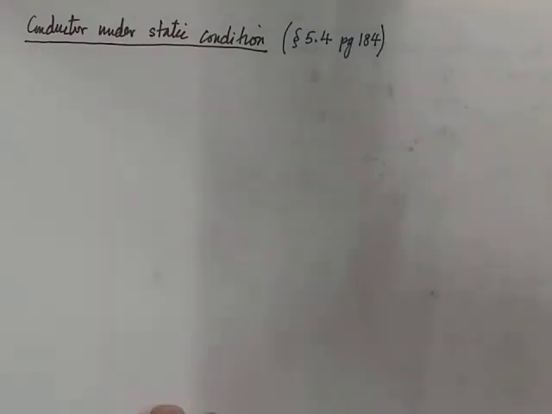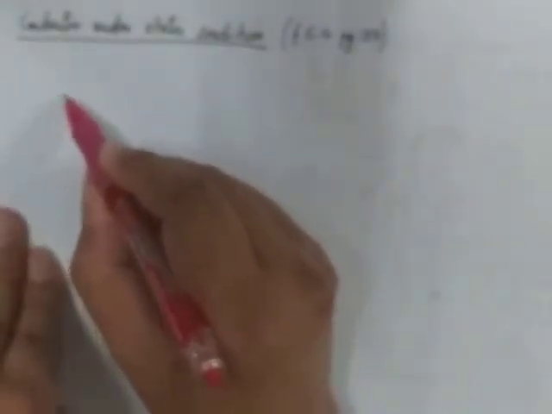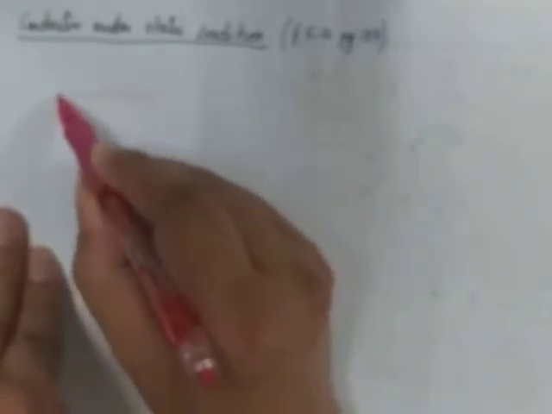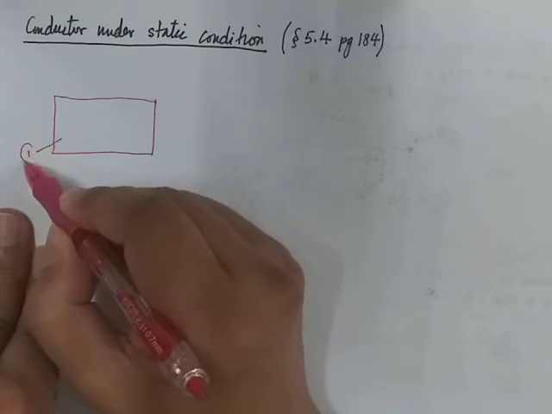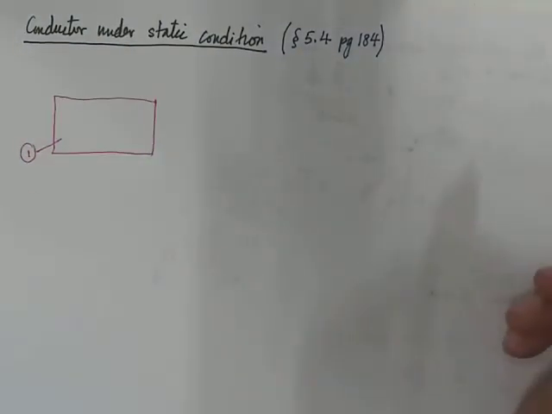Now, what is the issue that we want to talk about today? What is a conductor? A conductor is just a medium, so I'm going to draw my conductor as a medium. That should always be option number one. When we talk about a medium in this subject, the first component is which medium we are talking about.